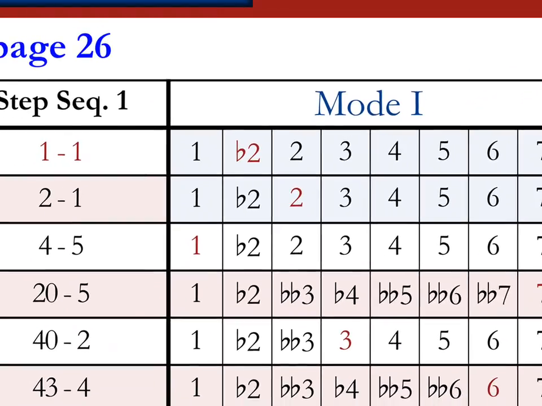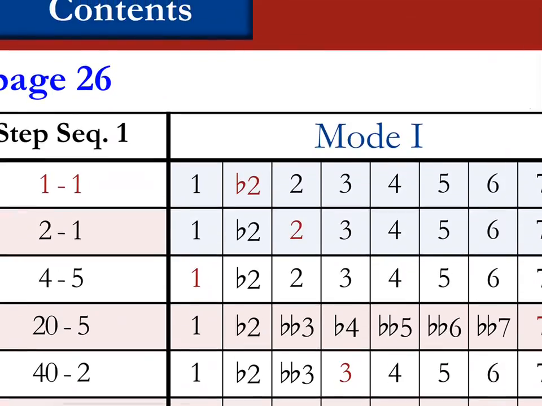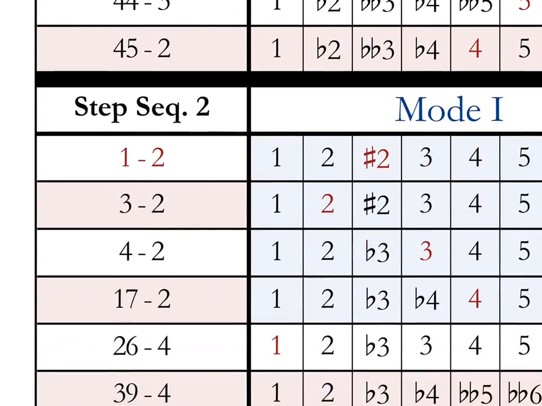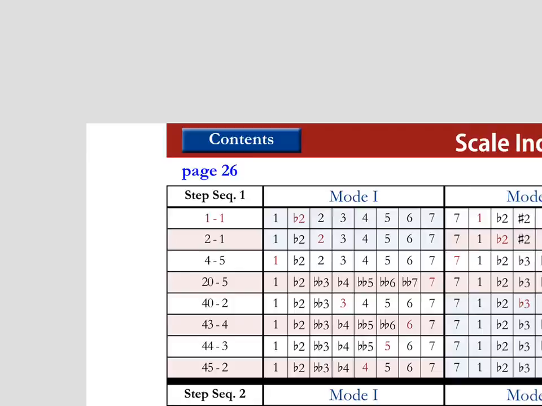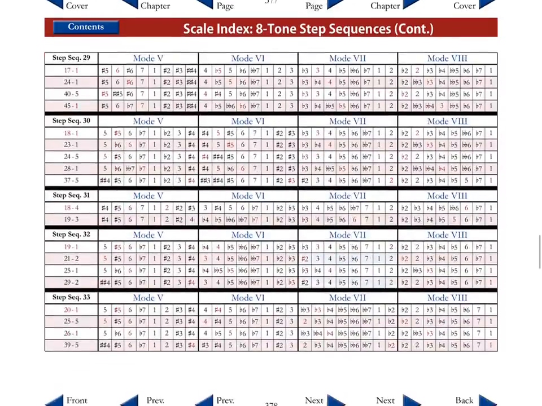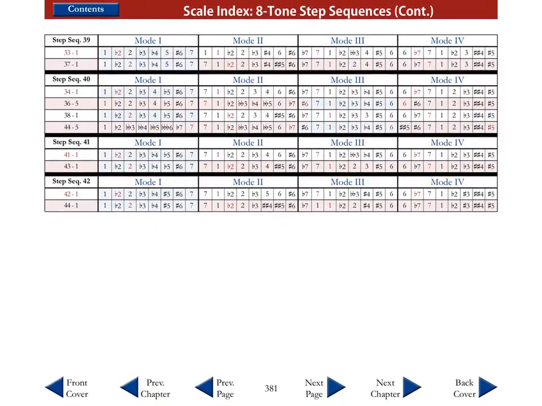Here, all the red notes are the ones that are filled in, the extra notes that are added to the 7-tone step sequence to create the 8-tone step sequences. And there is a total of 42 different 8-tone step sequences.